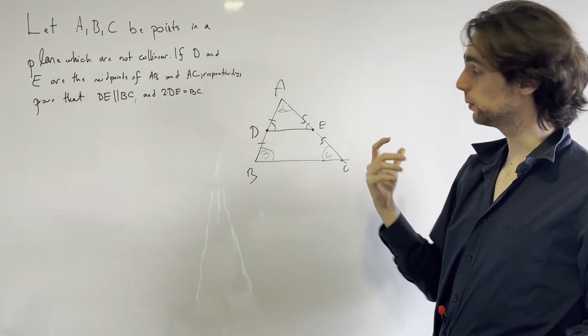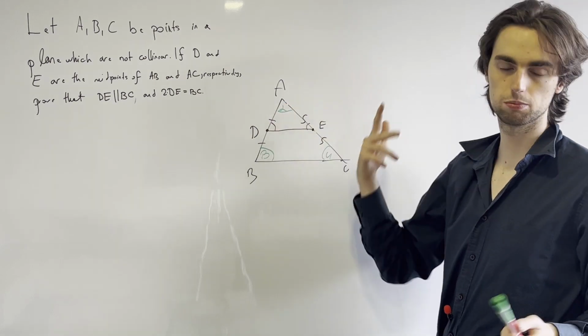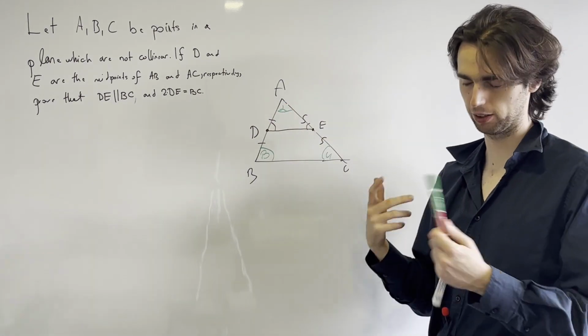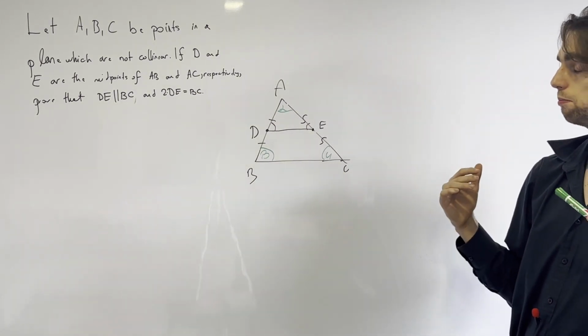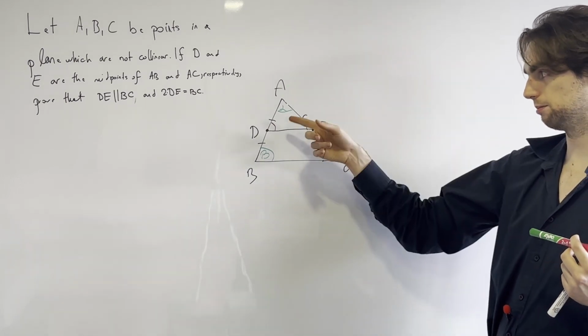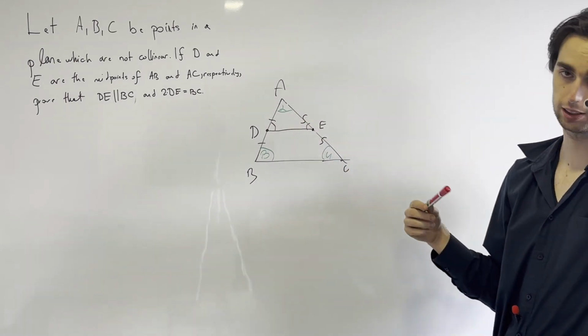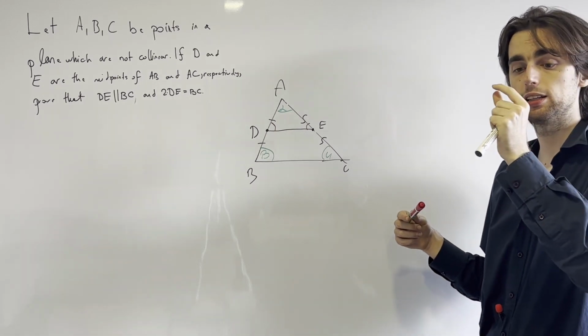And not only that, we would have that the factor of similarity is 2 or half, depending on how you look at it. And so just from the angles, we would have that they are similar, but maybe there's a different thing.